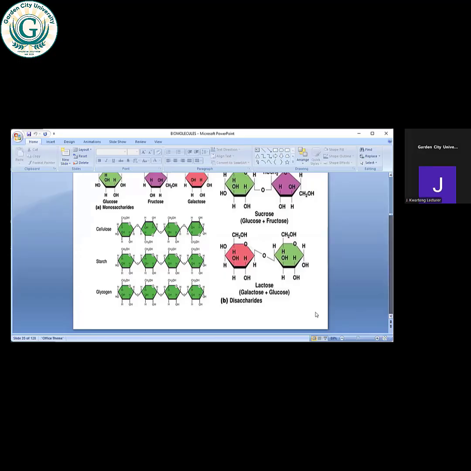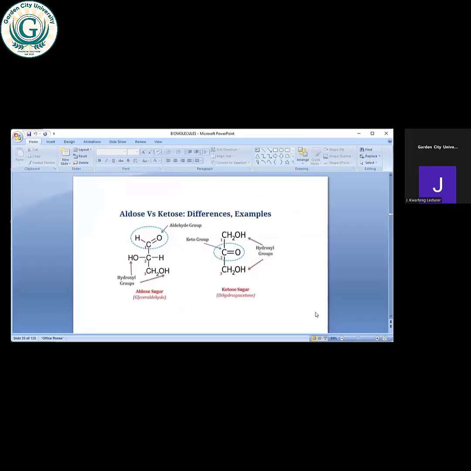Let me suggest this, that very few oligosaccharides occur physiologically. The commonest ones which occur physiologically are those that act as blood group antigens.